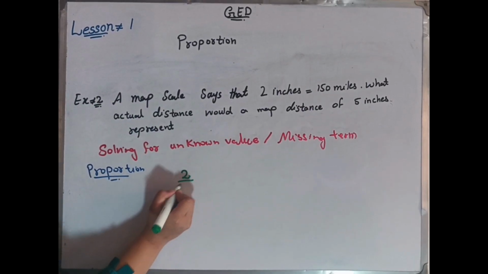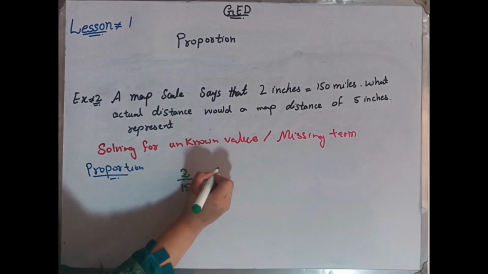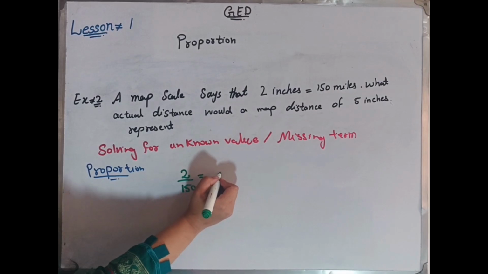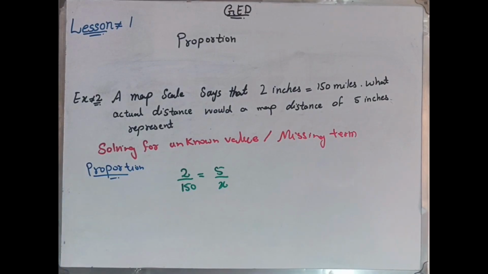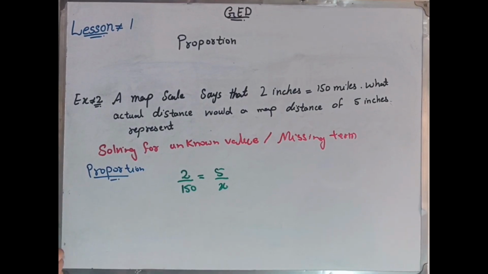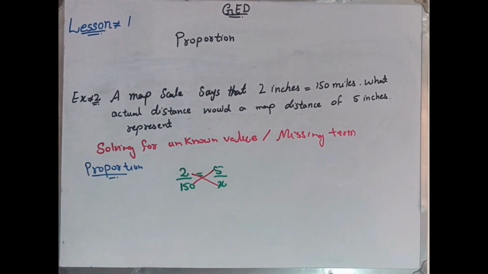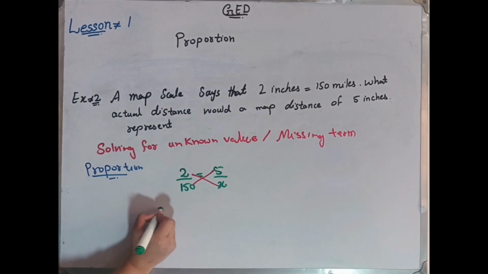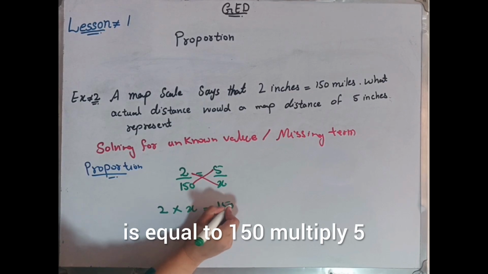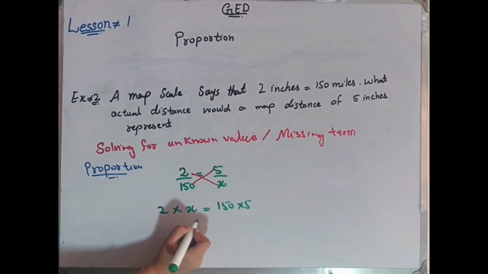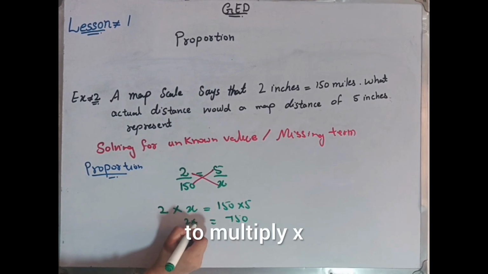2 inches over 150 miles is equal to 5 inches over unknown. We don't know the value, so we write it X. Now we will cross multiply, because both are equal. 2 multiply X is equal to 150 multiply 5, which is 750.